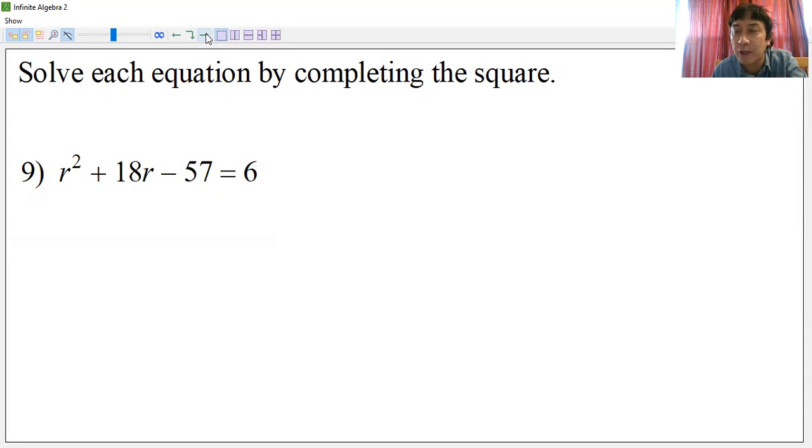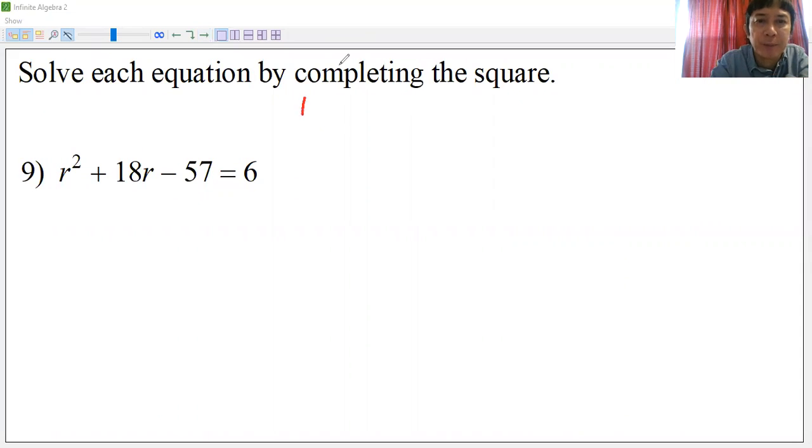Remember, those letters in algebra represent numbers. All right, so solve each equation by completing the square. What is the value of r? We expect two answers here because this is r squared, okay? That means there are two values for r. All right, so let's start.